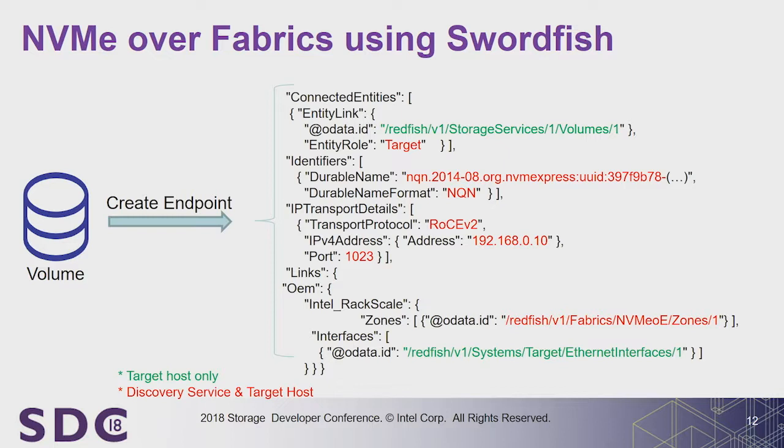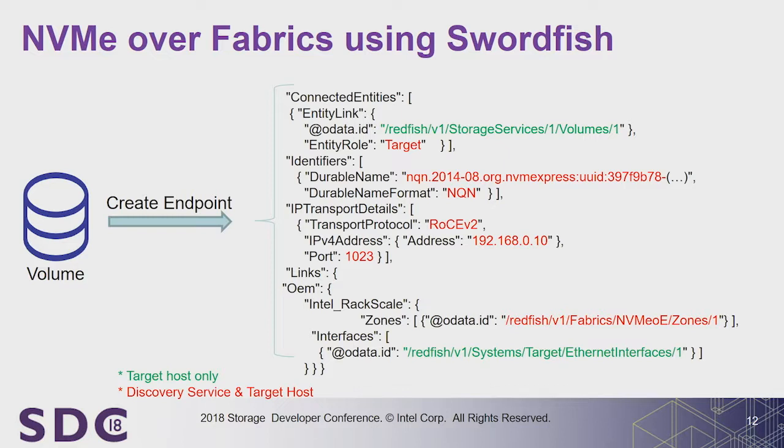You can provide only the link to this volume that you are going to use, because you need to point which volume you would like to connect to, and you need to provide NQN as an identifier of this endpoint. Agreed, but you still have to query whether it's sitting on RoCE or sitting on PCIe bus, right? So you still have to query the device at some point, at least to get some of the fields populated.